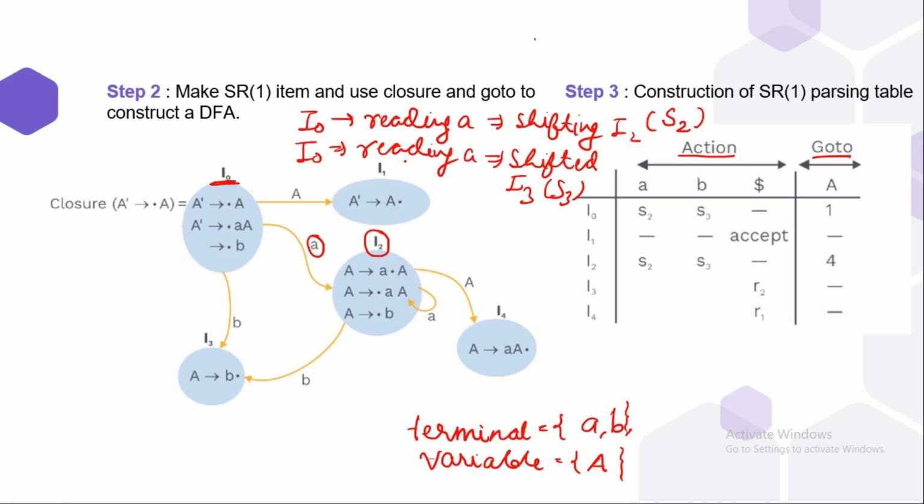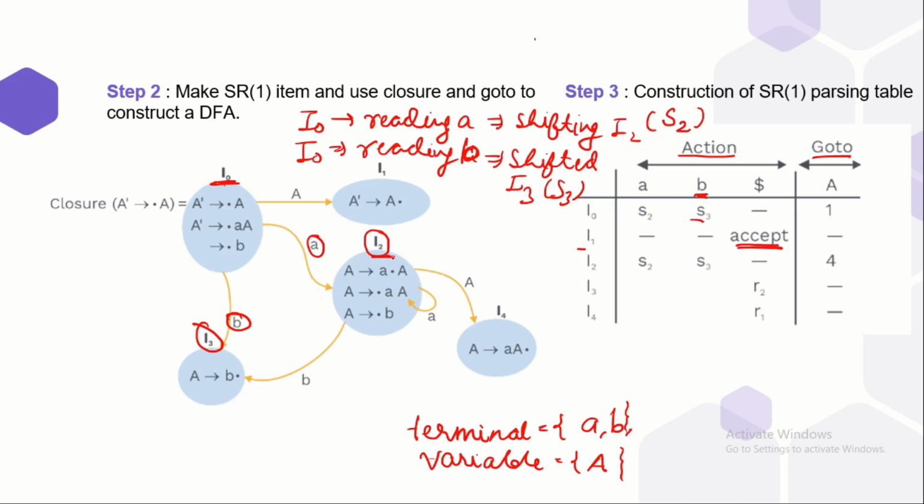So now you can see that I0 on reading b is moving to the state I3. That's why it is S3. I1 on reading dollar is getting accepted. That's why we have written accept here.